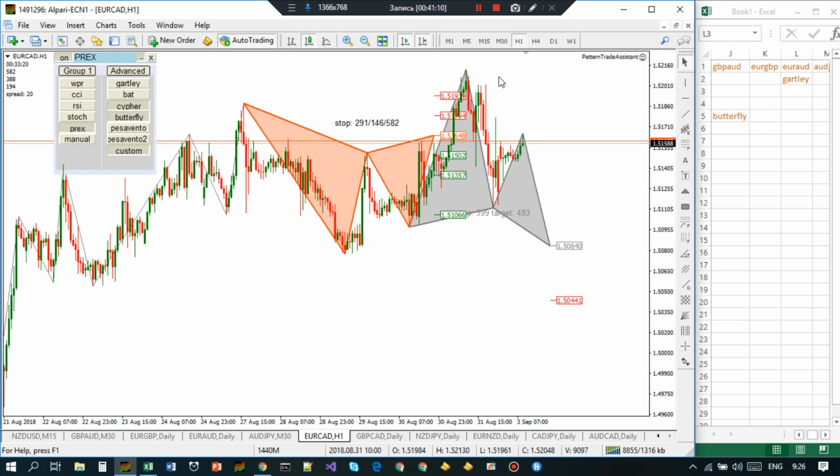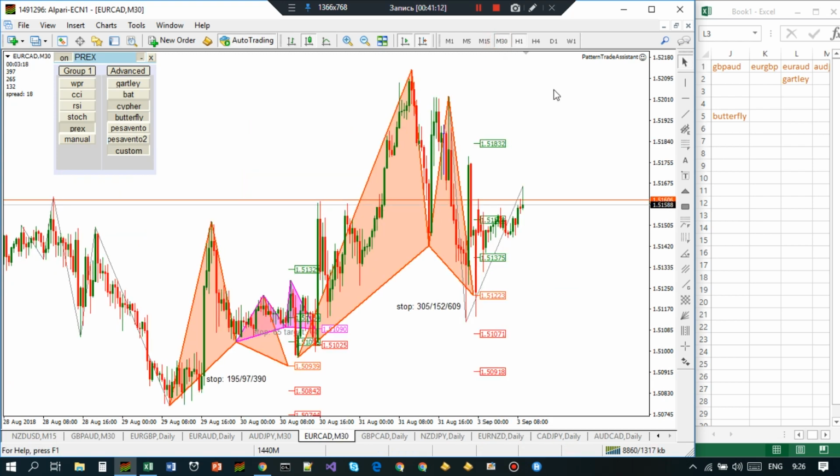You had it outside of the completion zone. So the 30-minute was a wonderful winner, and it had some warning signs. Maybe you were waiting for some confirmation before you enter, maybe not, but it was a wonderful movement.